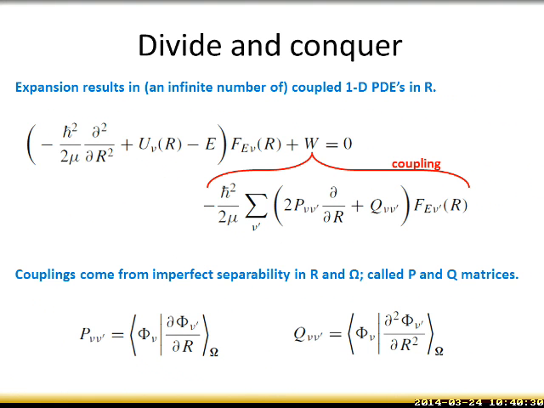In plugging in the assumed semi-separable solution, we end up with a set of one-dimensional equations that are all coupled because of the imperfect separability in the hyperradius and hyperangles. The coupling terms, which we call the P and Q matrices, arise because of the partial derivatives with respect to the adiabatic parameter that are still left over in the angular parts.